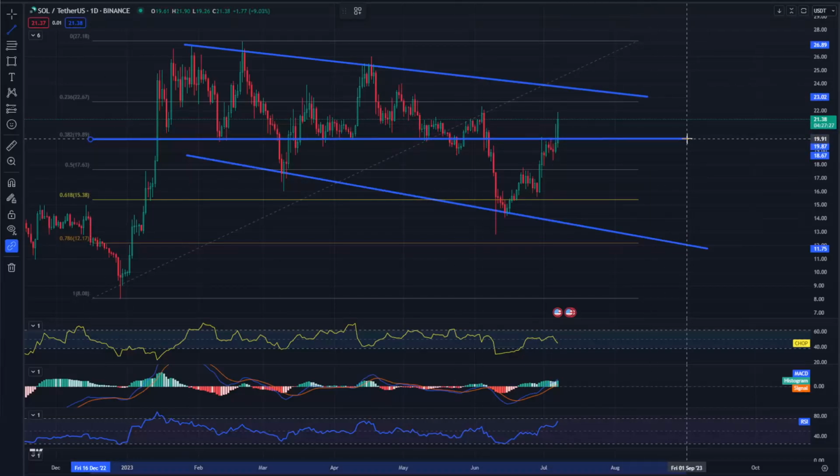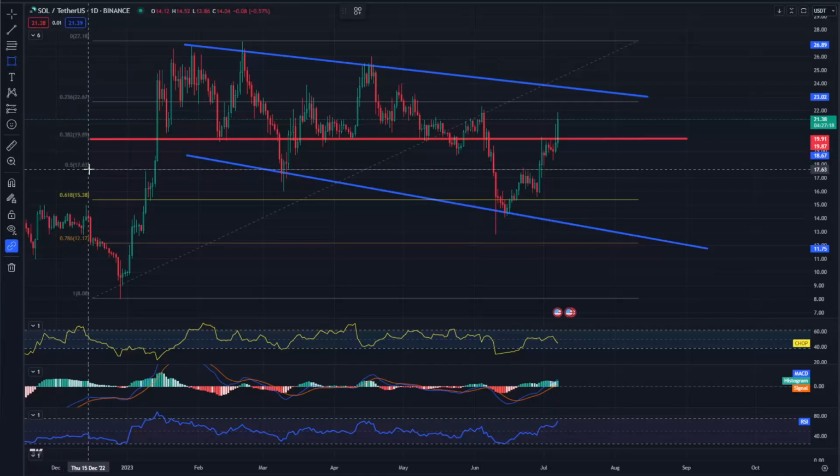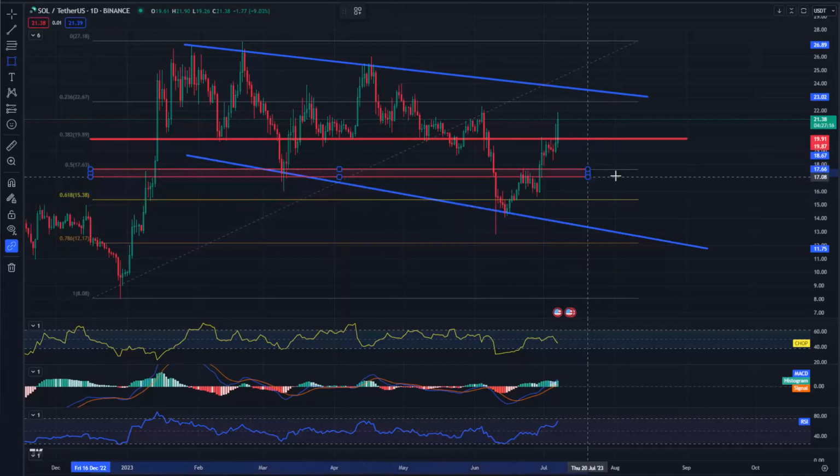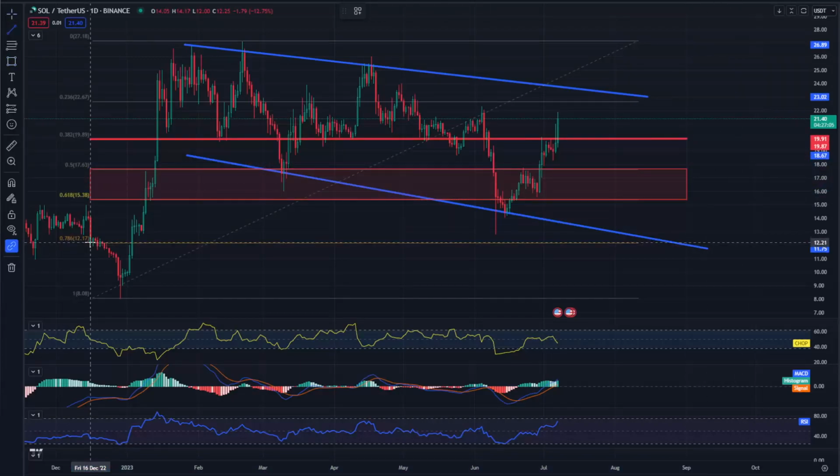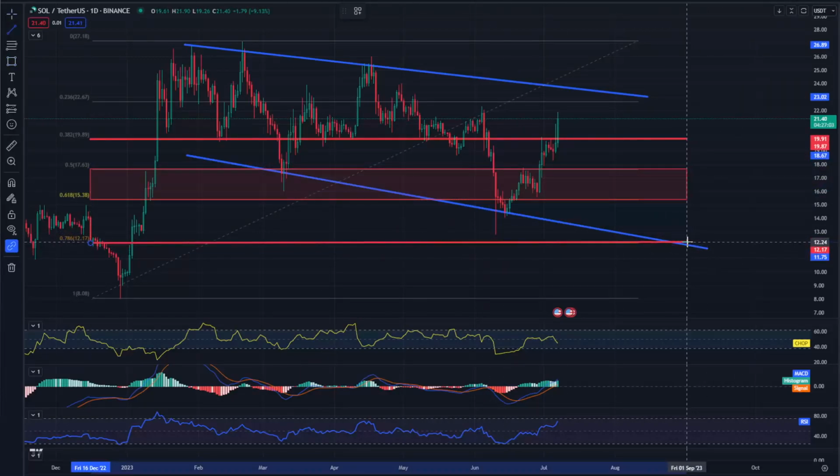And here the first strong support is at $19.91. Then we have a very strong support zone from $17.66 to $15.39, and then support at $12.17.